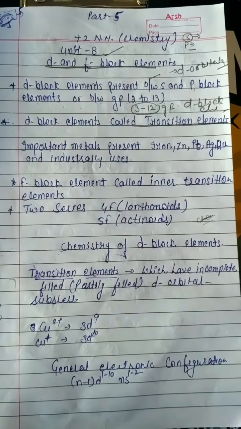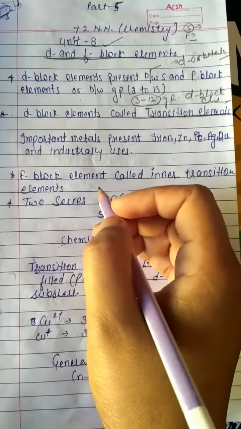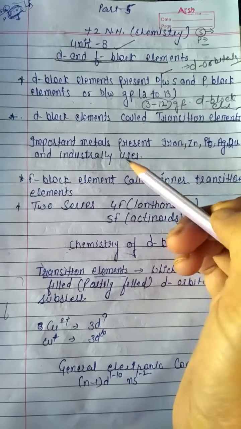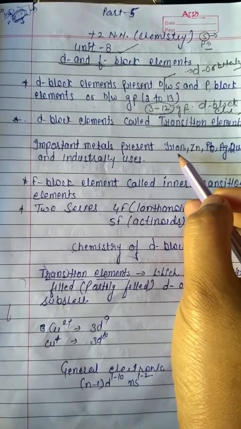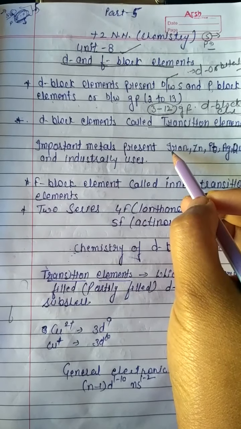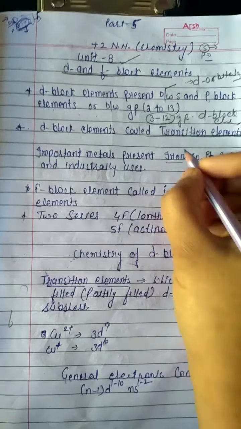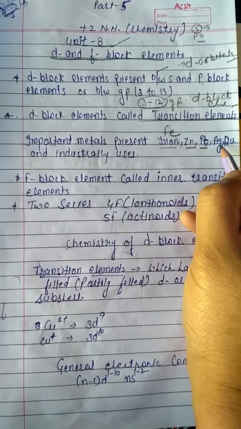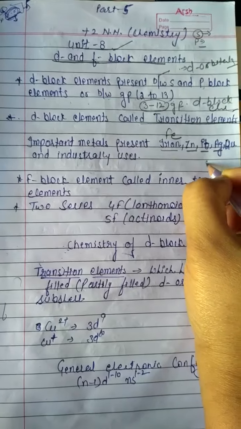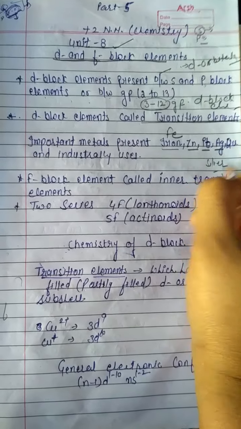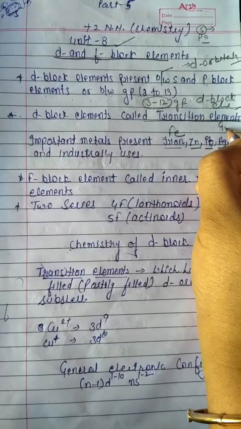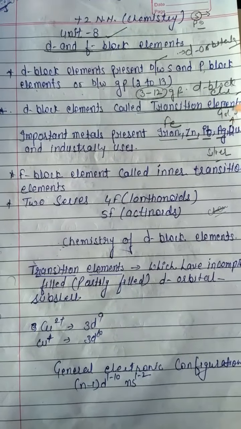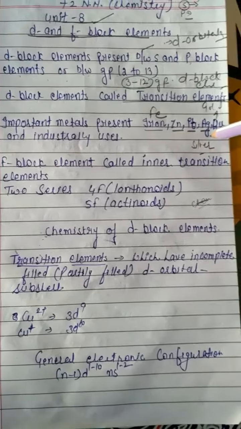Next, in this chapter, we discuss the important metals present in D block elements. The most important metals are iron, whose symbol is Fe, zinc, platinum, silver, whose symbol is Ag, and gold, and many more metals are present in D block elements.